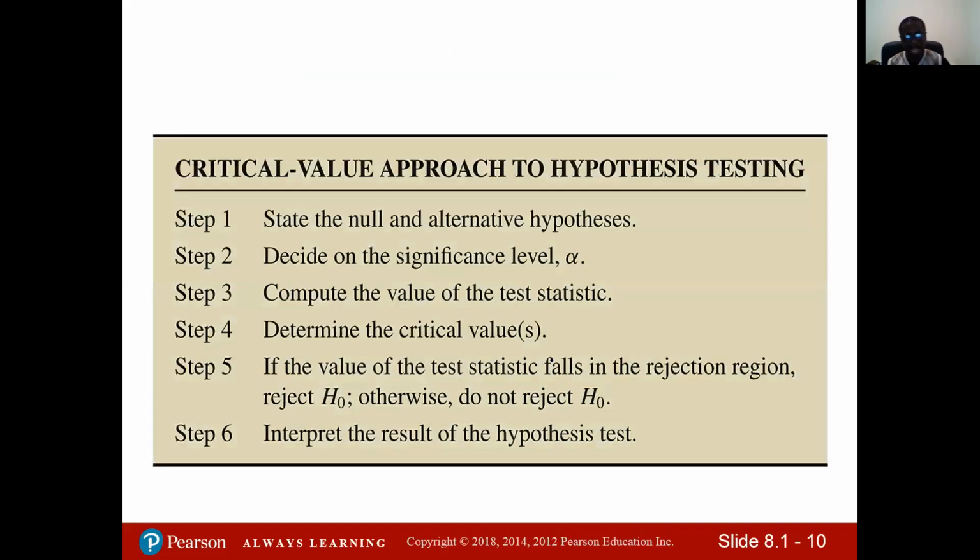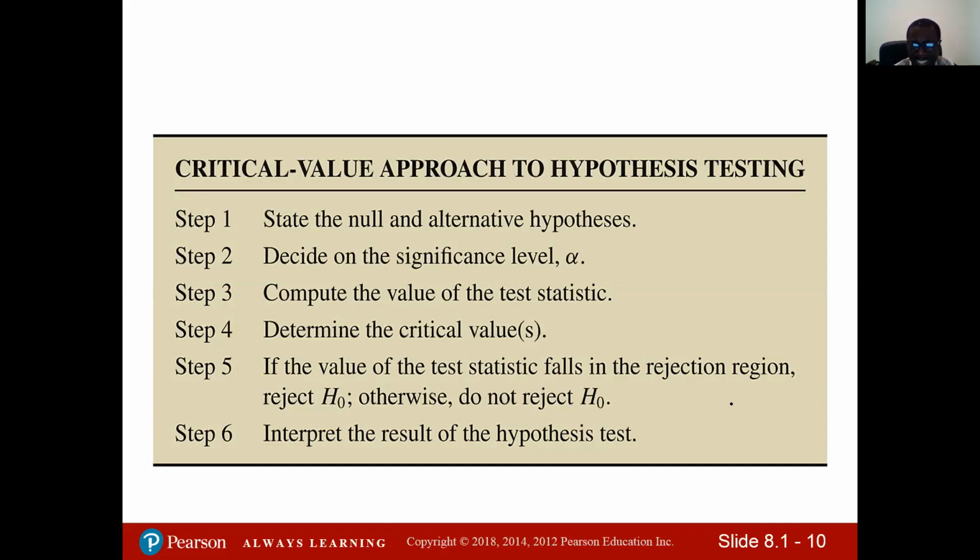So the steps for the critical value approach to hypothesis testing are the following. You state the null and the alternative hypothesis. You decide on the significance level. You don't finish your research before you decide on that. The significance level must be determined before you start.